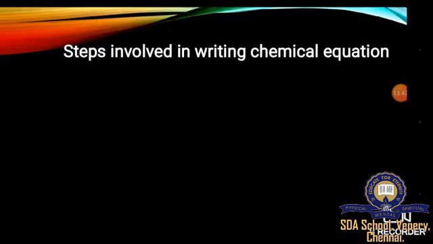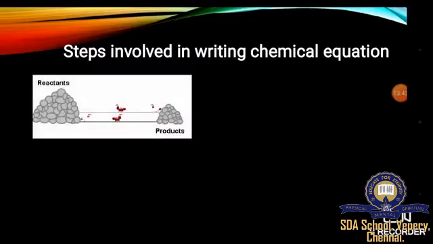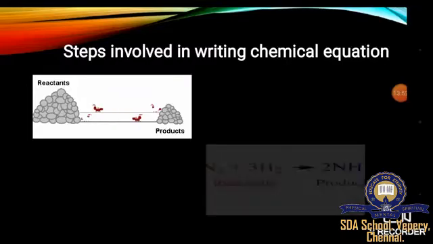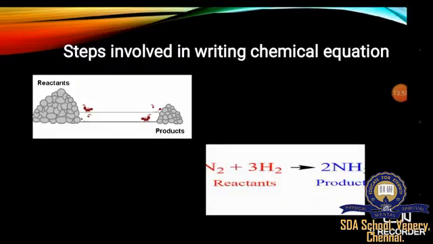Now let's see the steps involved in writing the chemical equation. Before that we should know what is meant by the reactant and what is meant by the product. Usually reactants are present on the left hand side and product is present on the right hand side of the arrow.